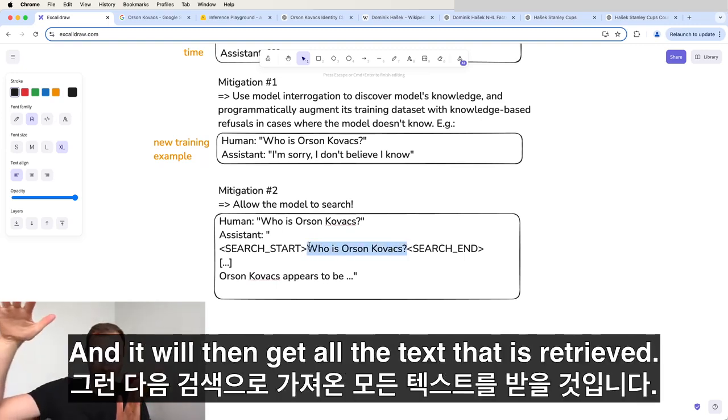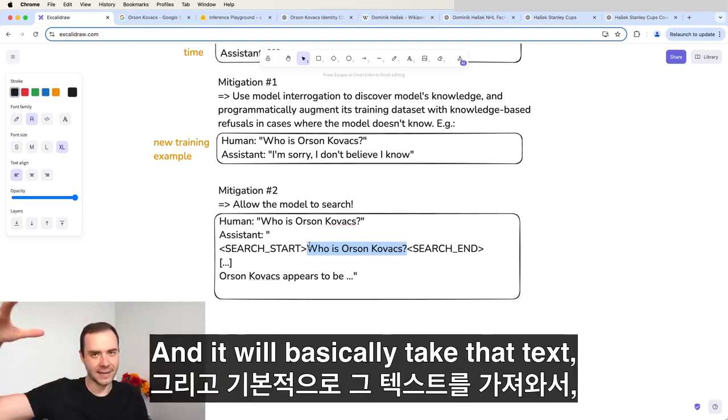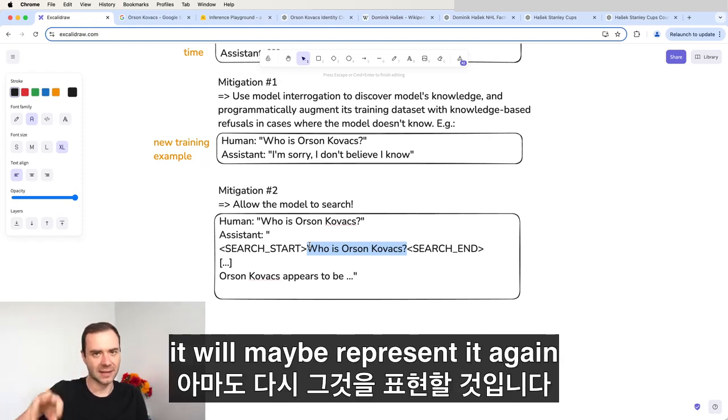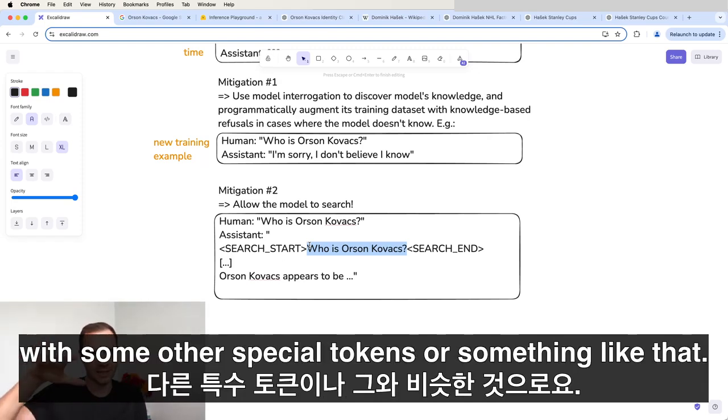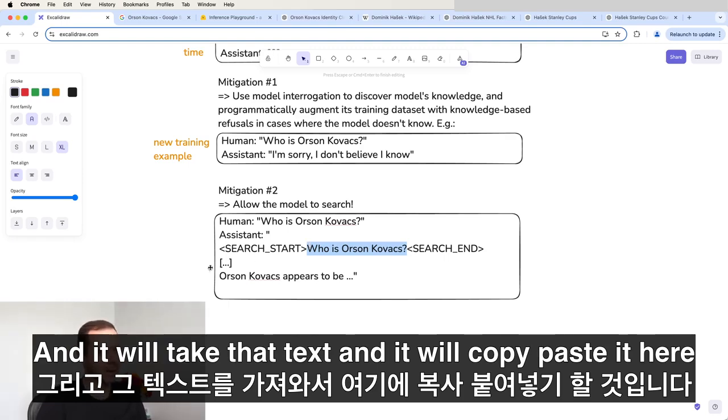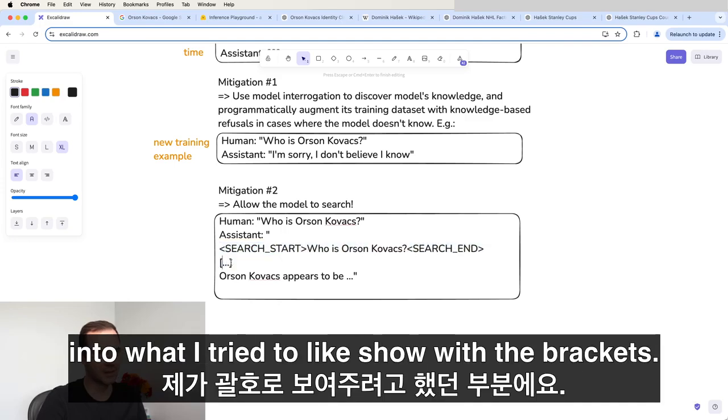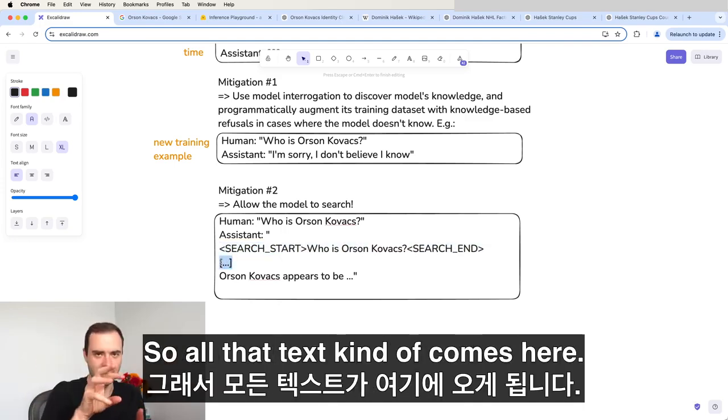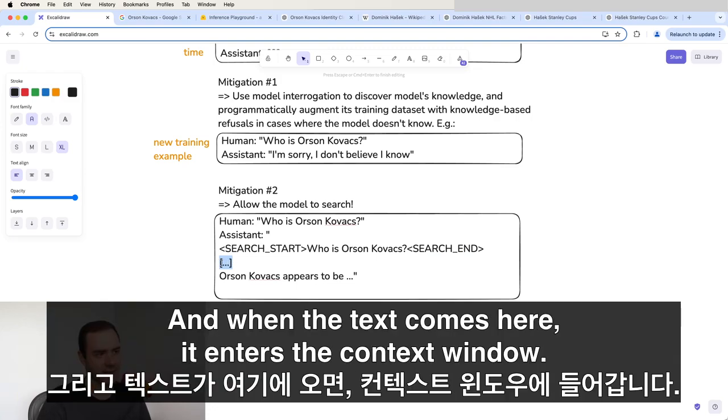And it will then get all the text that is retrieved, and it will maybe represent it again with some other special tokens. And it will take that text and copy paste it here into what I try to show with the brackets. So all that text kind of comes here. And when the text comes here, it enters the context window.